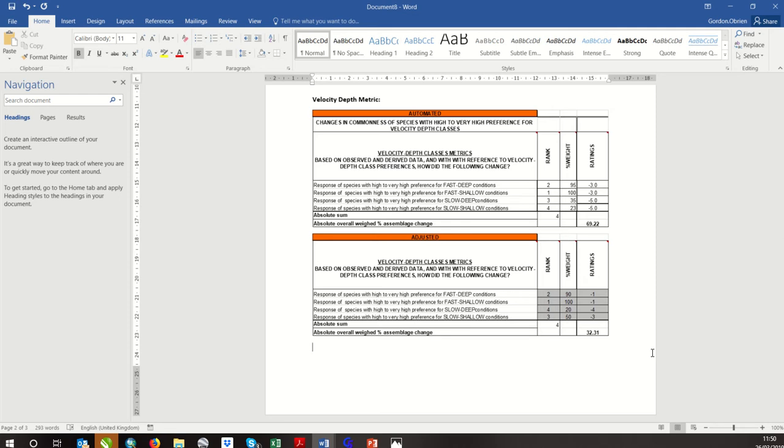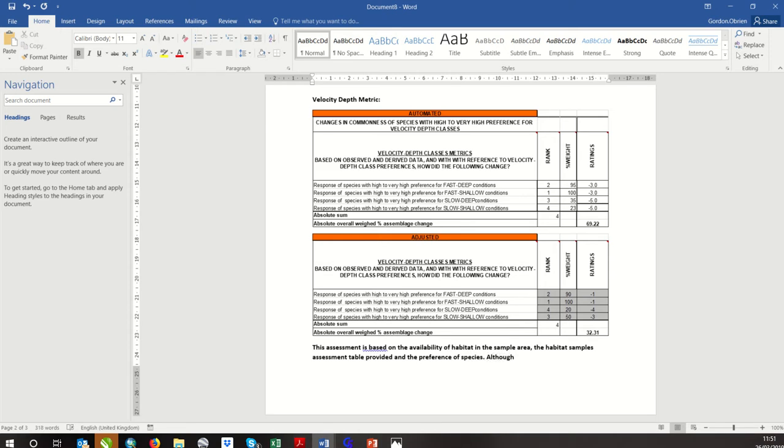So I will say here, this assessment is based on the availability of habitat in the sample area, the habitat sample assessment table provided, and the preferences of species.